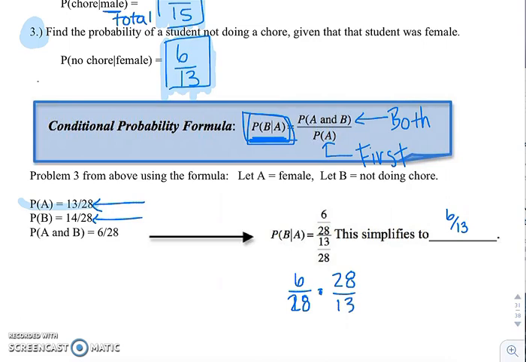I'm just showing you how it works. And what happens is they cancel whenever the denominators are the same. So you just end up with 6 out of 13, which was our response. So there is a formula there for you to use. It's the probability of both things happening divided by the first event.